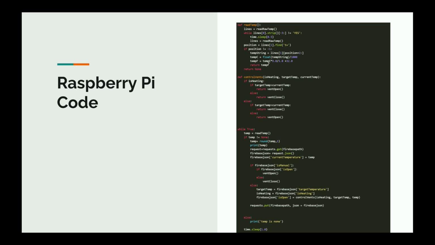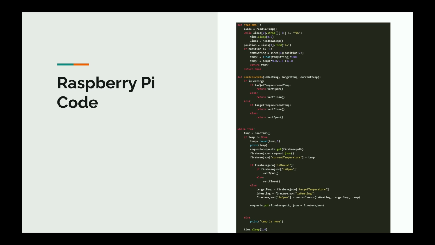So once I actually read the temperature value and I separate it from the rest of this directory strings, I'm going to return that temperature as a Fahrenheit value, and that's going to be the read temp function.